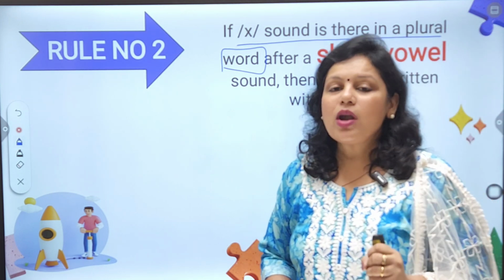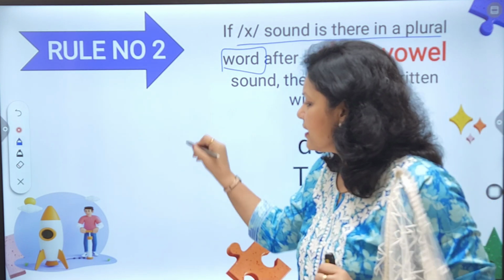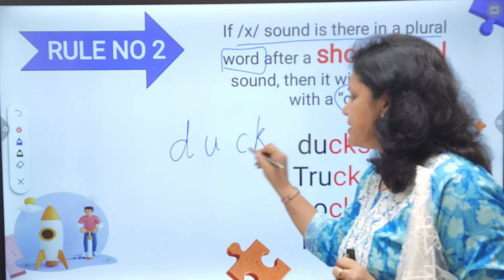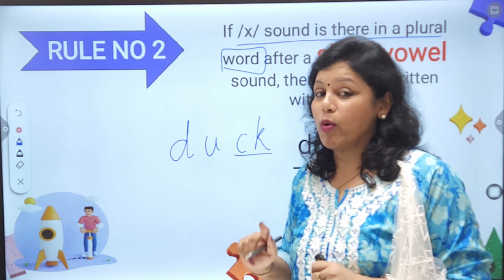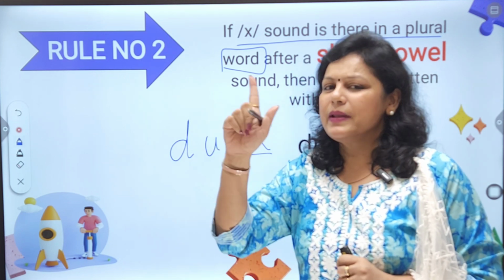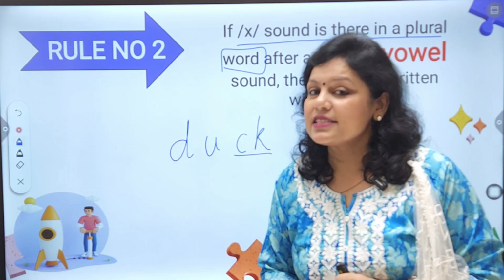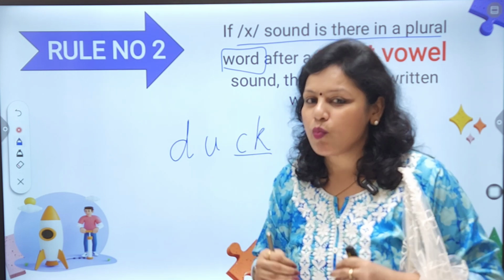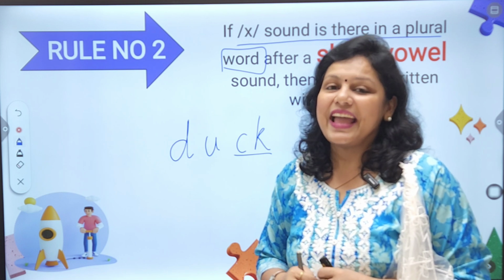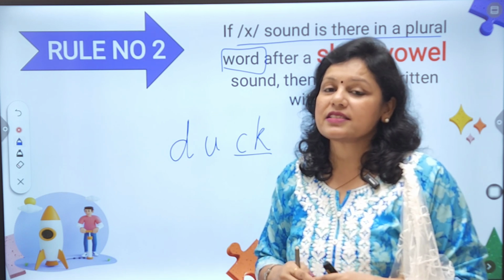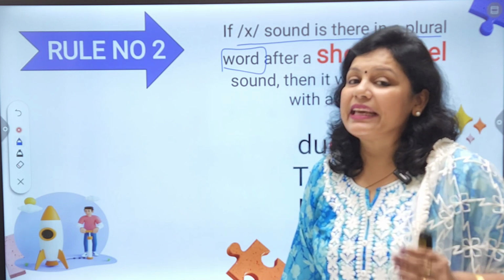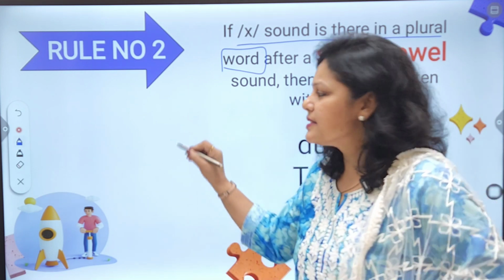Now see, what is duck? Duck has the k sound, and we write CK at the end. This rule I have already covered in one of my videos. Please check out this video of the k sound. I have done it in 2 parts. Please visit it and watch these 2 videos at the end so that you will be able to understand the K sound rules also. But as soon as we make it plural, how does it sound out?